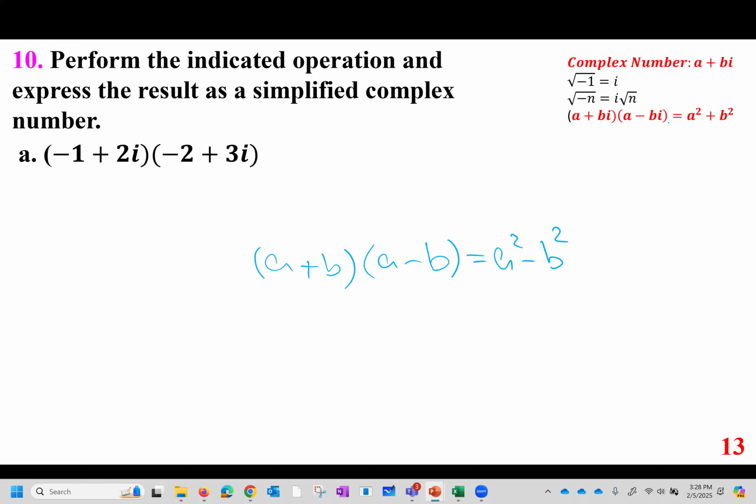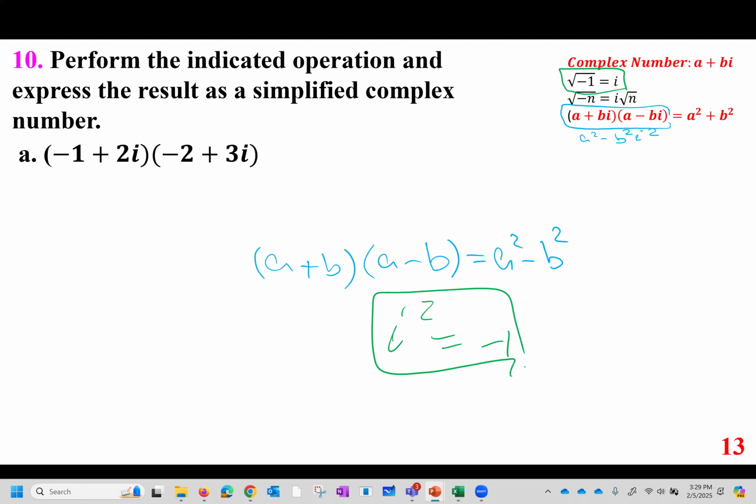So this is a squared minus b squared i squared, and i squared is negative 1. This is i, this is i squared. All right.